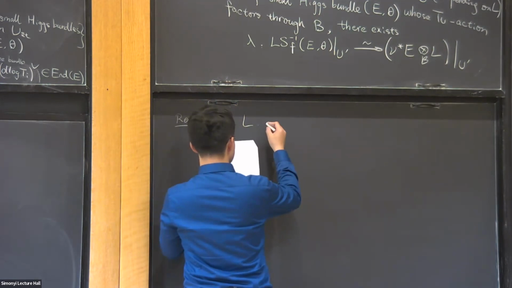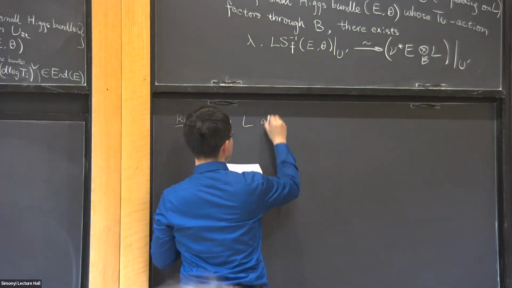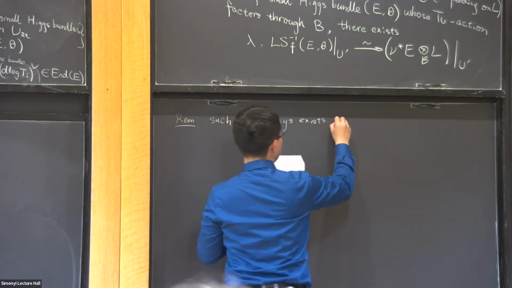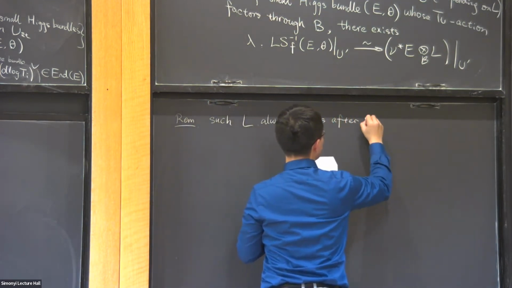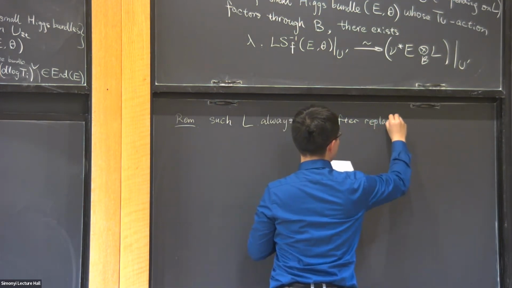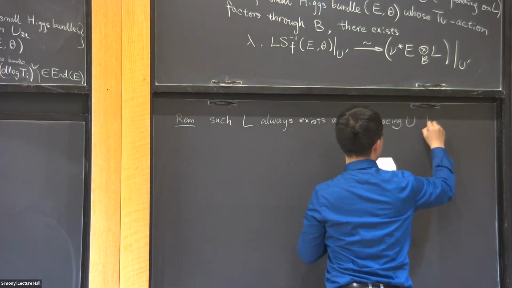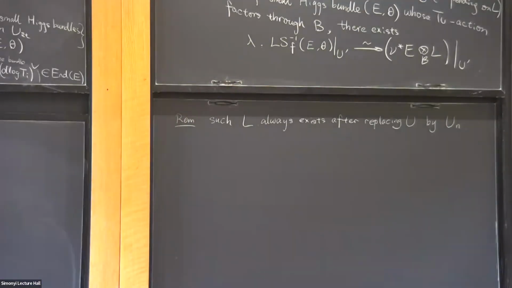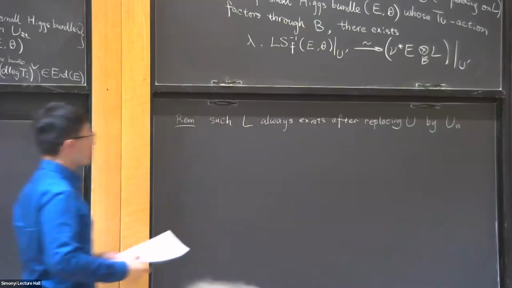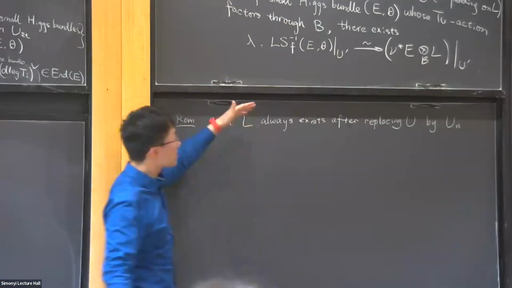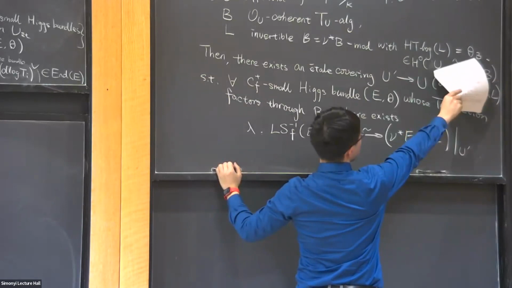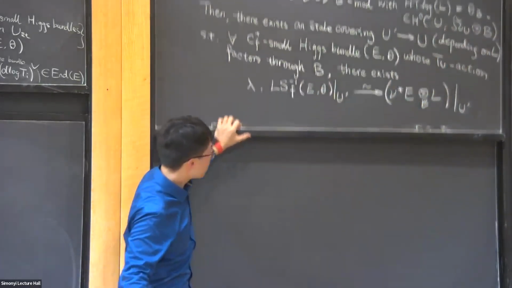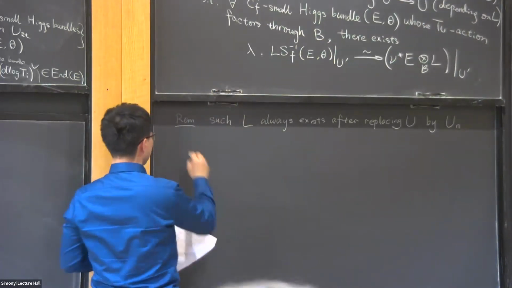Such L always exists after replacing U by U_n, the tower given by the toric chart. So again, this is making smallness so that I can split this log and the Hodge-Tate. So this is such a remark.